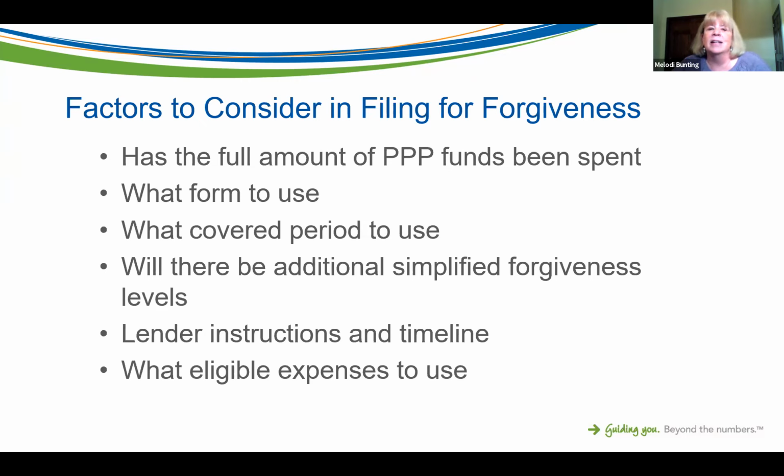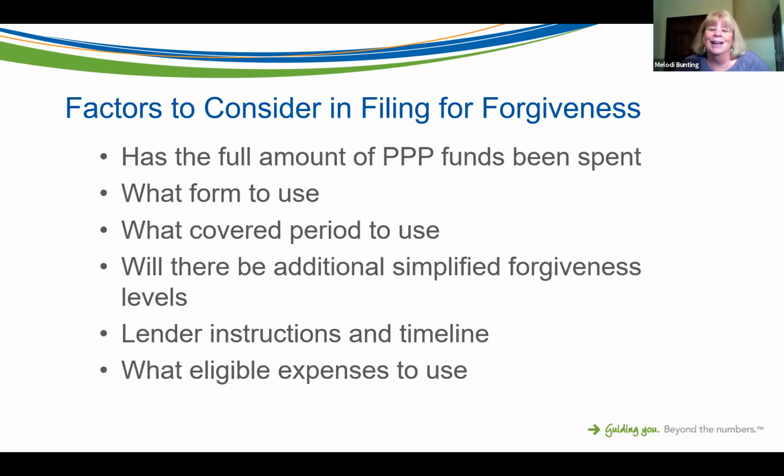Then the other thing to consider is what expenses to use. We spent so much time up front parsing out what periods for payroll and what additional benefits and what expenses other than payroll were eligible. Bottom line is, now, for most people with the extended period availability, the recommendation is to use straight payroll.